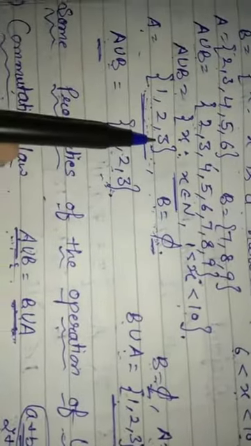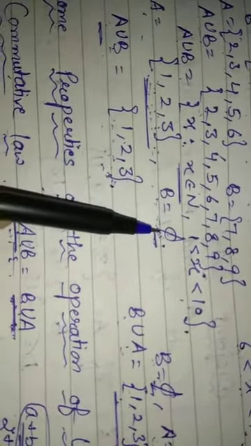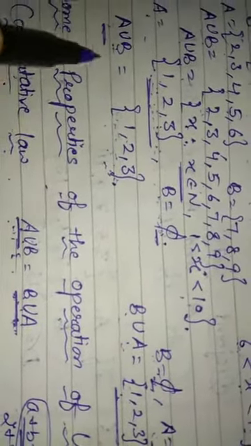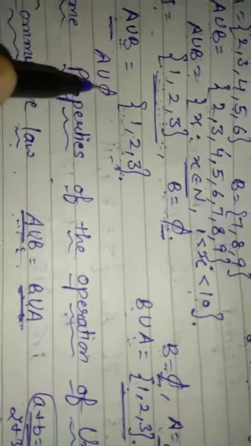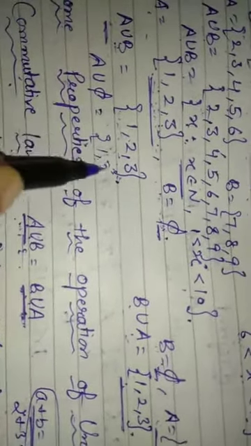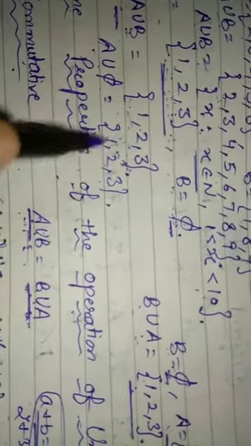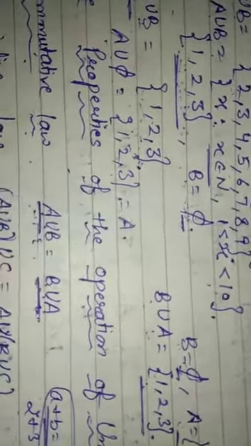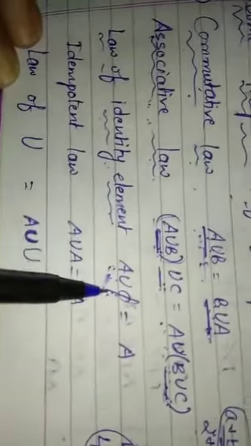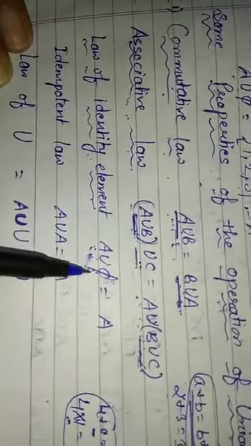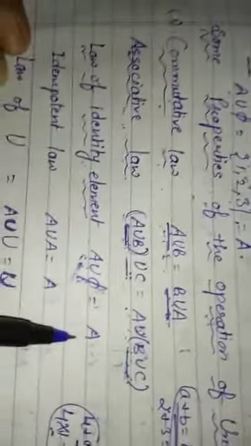A set has elements 1, 2, 3 and B set is empty. So A union B is 1, 2, 3, which means A union the empty set is equal to the same 1, 2, 3, that is equal to A. So this is the identity set or identity element. A union the empty set is equal to A.